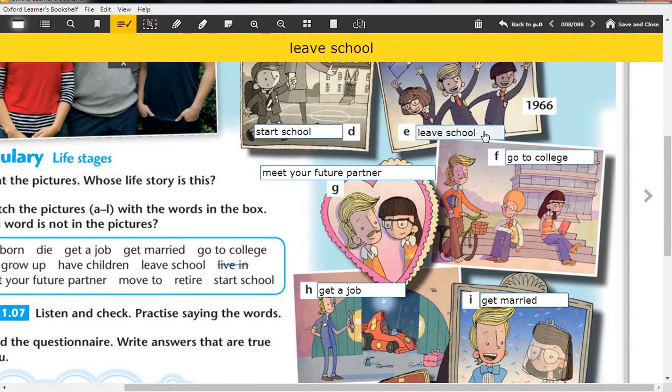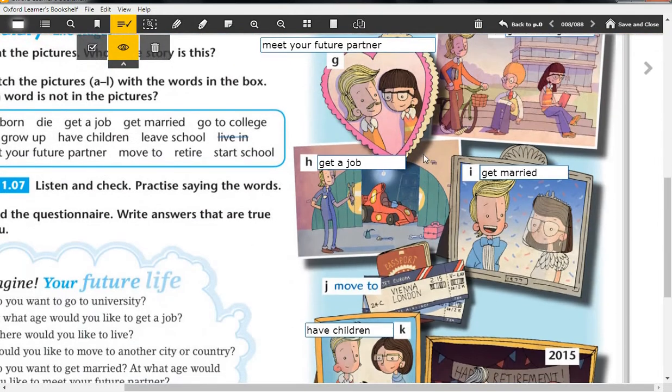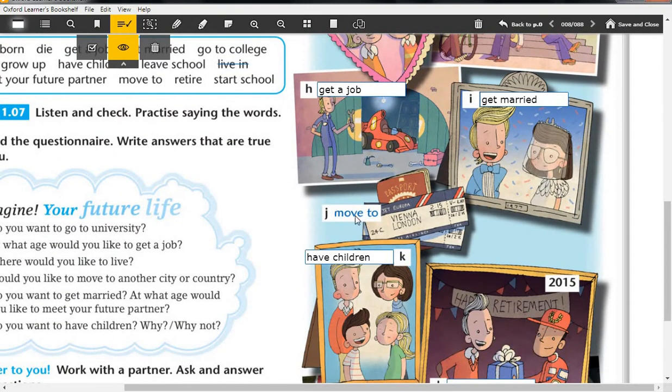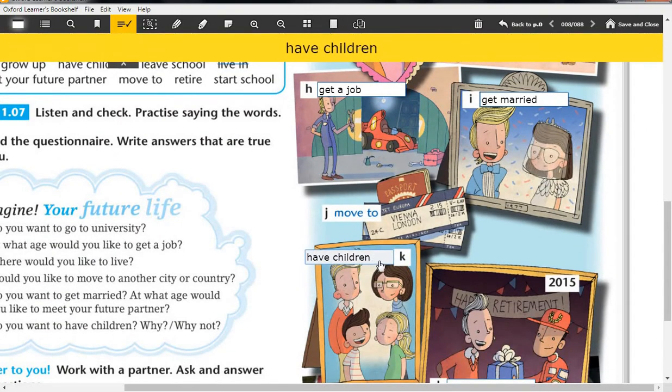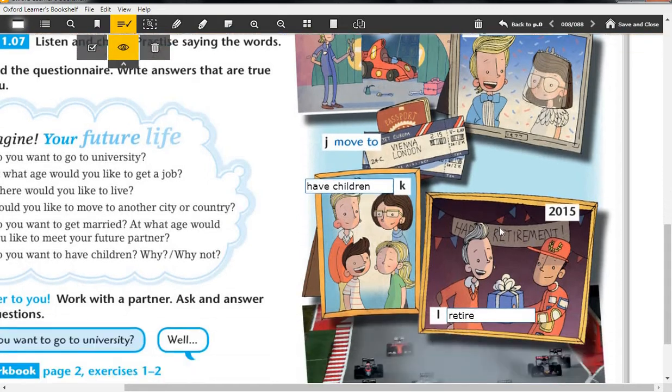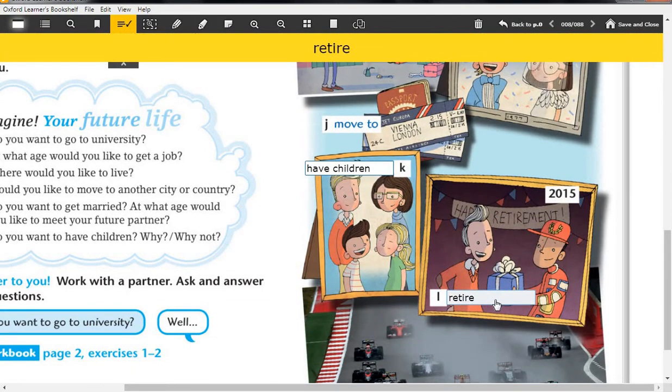E, leave school. F, go to college. G, meet your future partner. H, get a job. I, get married. J, move to. K, have children. And L, retire.